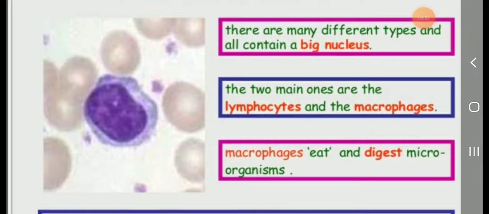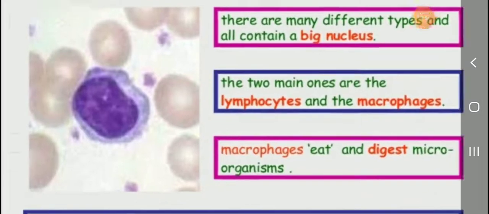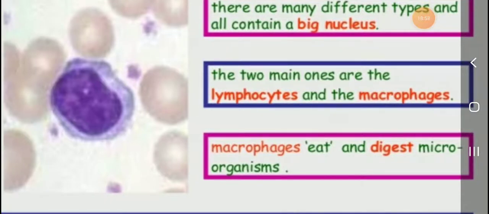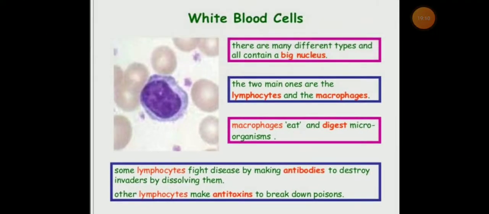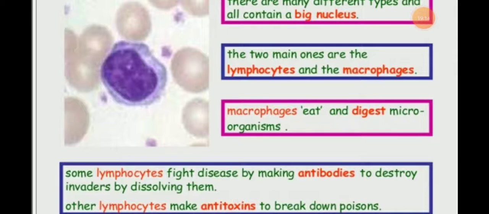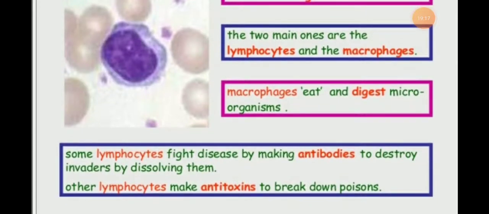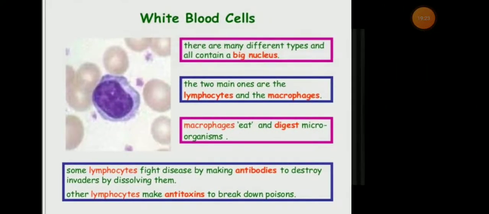Macrophages eat and digest microorganisms, a very important function. Some lymphocytes fight disease by making antibodies to destroy invaders by dissolving them. Other lymphocytes make toxins to break down poisons.